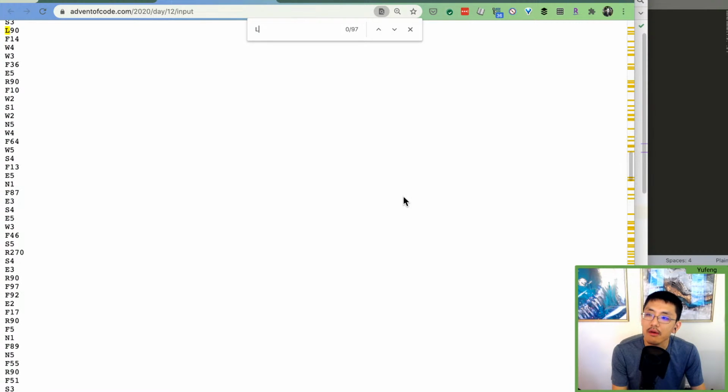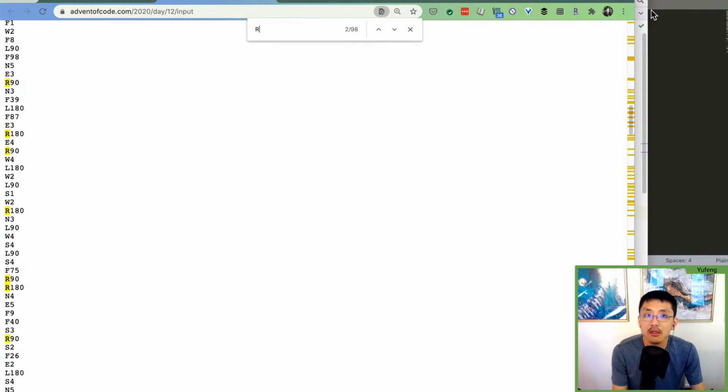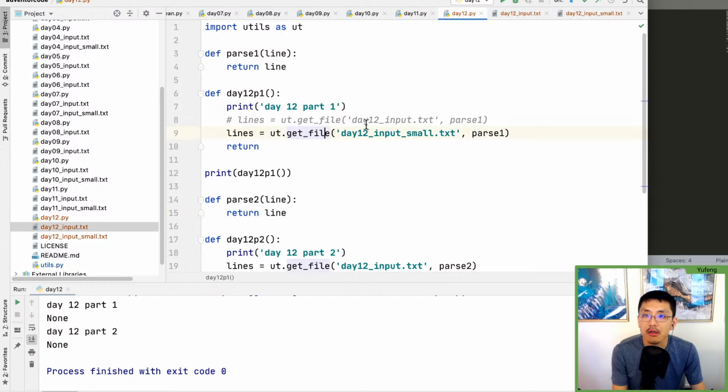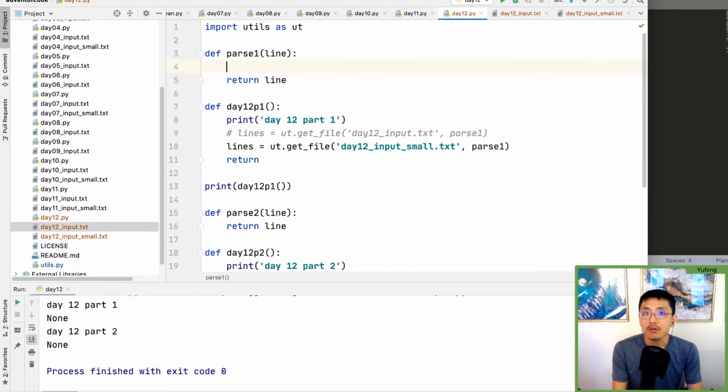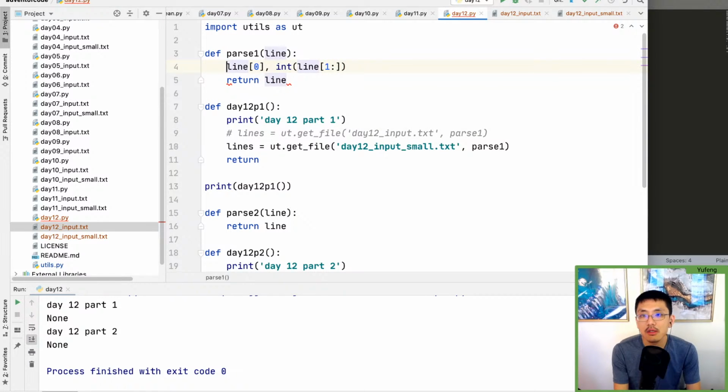So we slice off the first element and grab the int from the rest, and that can be our pair. So our parse line should take line at 0 and line everything after that, convert that to an int, wrap that in a tuple, and return it.